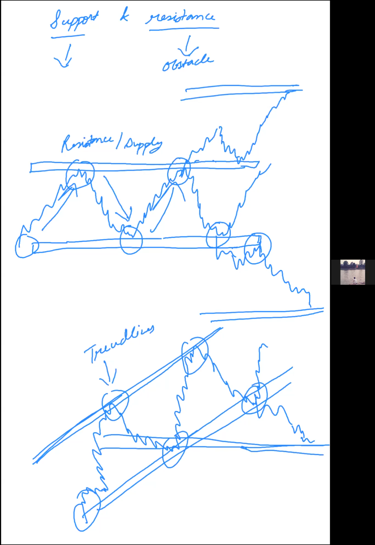Got it? Any doubts in this topic? Should I move forward?